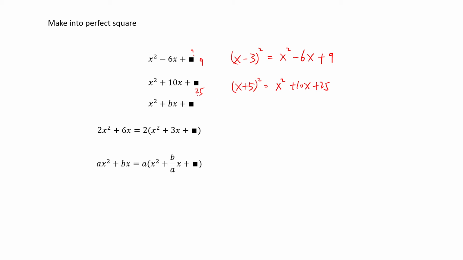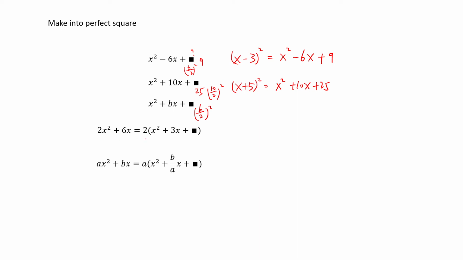And in general, we can see 9 is equal to 6 over 2 squared, and the 25 is 10 over 2 squared. So in general, if it's b here, we have to add b over 2 squared. If the parameter in front of x squared is not 1, we have to first factor out the parameter.